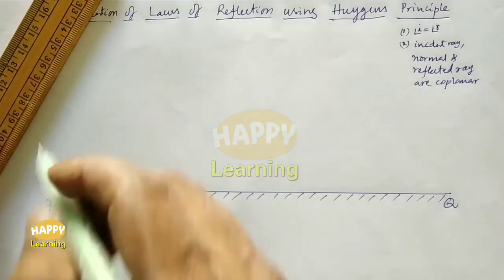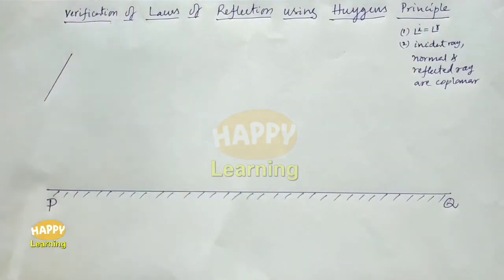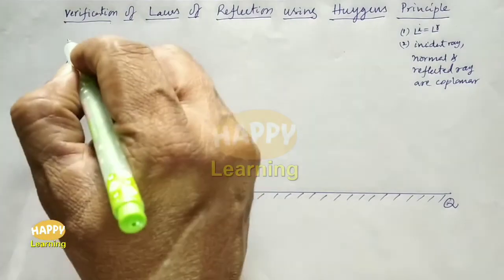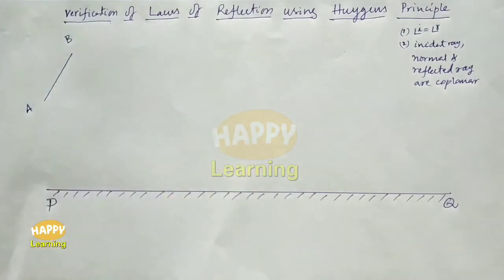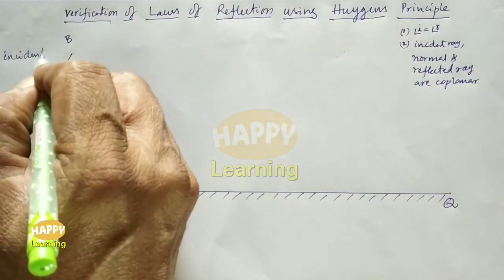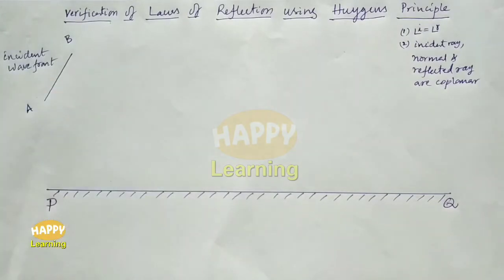Let me name this AB. This is the incident wavefront.